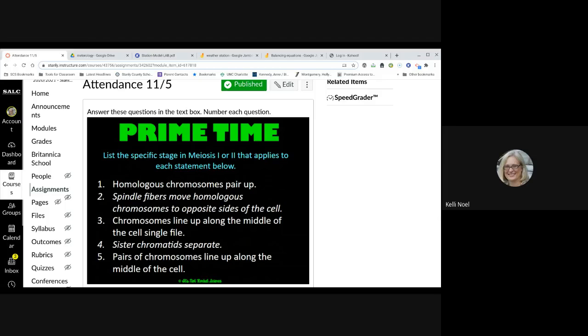The pairing up actually happens before they line up. So they pair up, then they line up, then they separate.